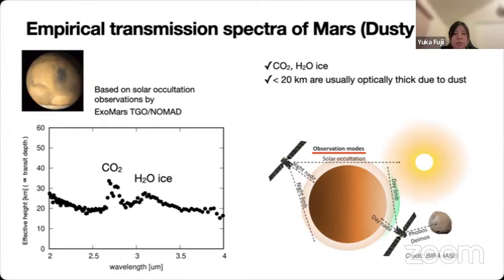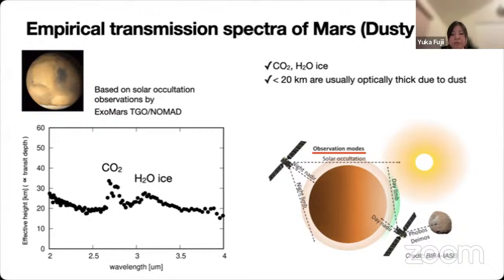So interestingly, we also see the broad signature here around 3 micron, which is attributed to H2O ice. And therefore, although we do not usually see Mars as a water planet, the signature does look like a planet having H2O.